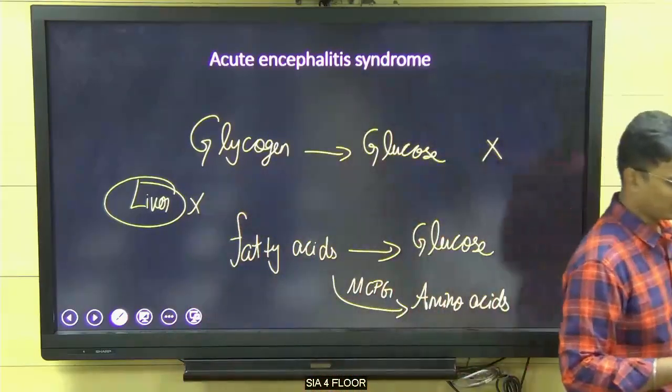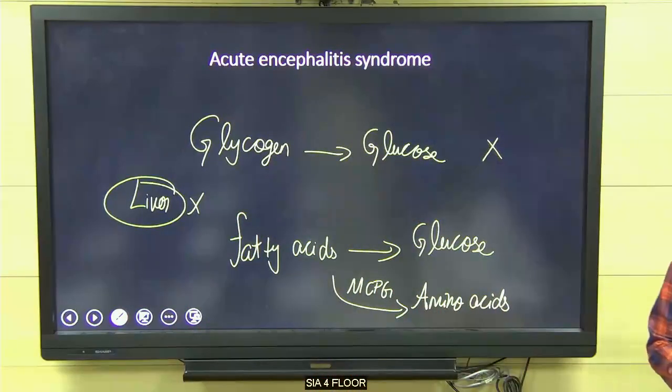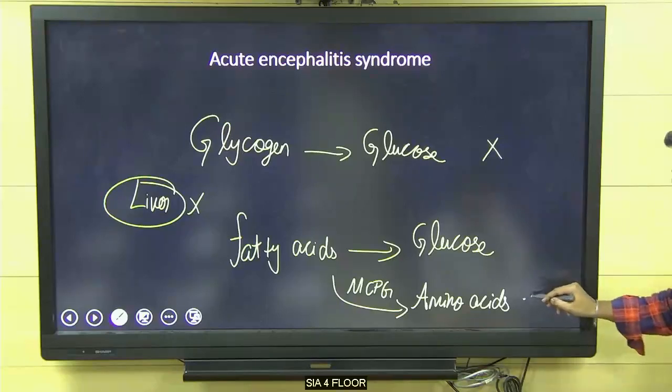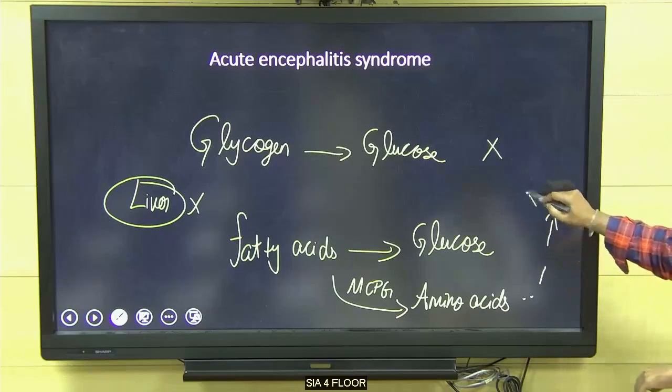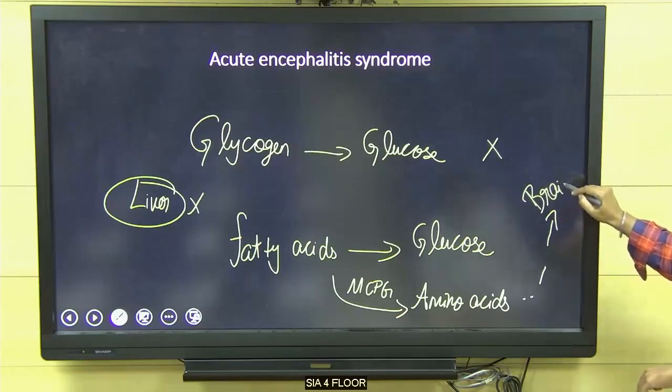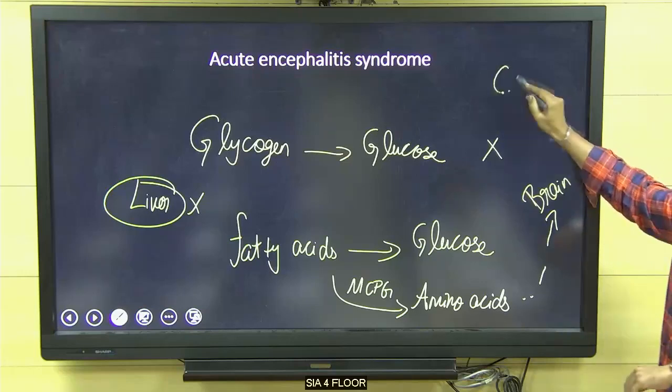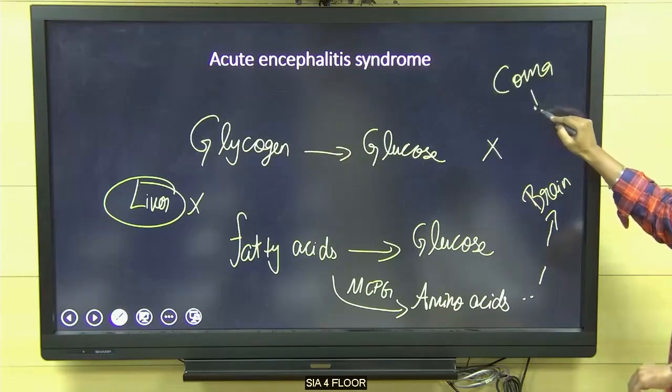Instead, it forms a type of protein, and this protein is accumulated in the brain. The conversion of fatty acid into glucose is stopped midway, and all these amino acids get accumulated in the brain. Because of this, it causes fatigue, it causes coma, ultimately leading to death.